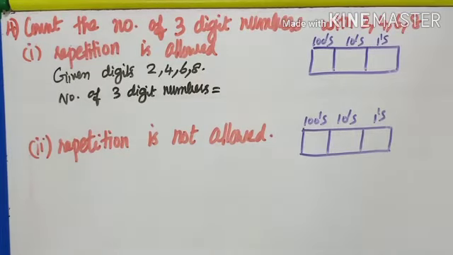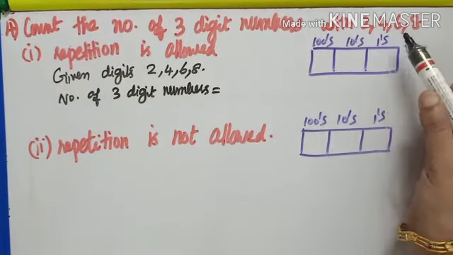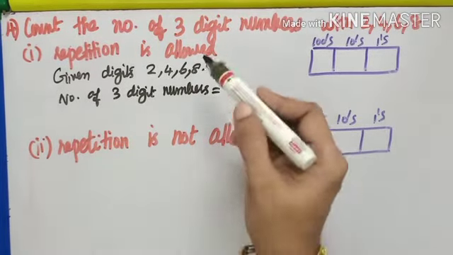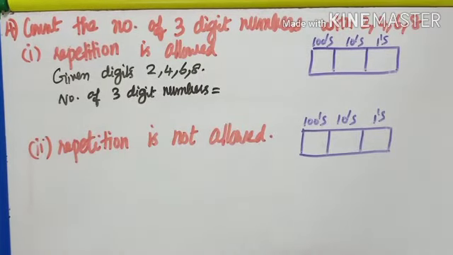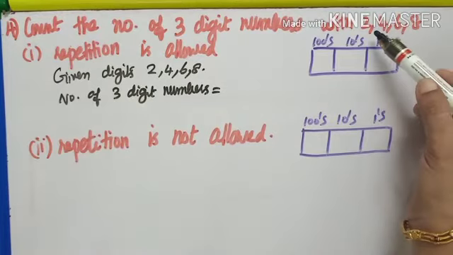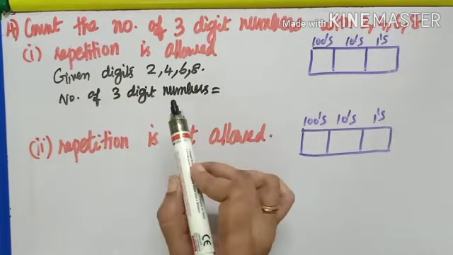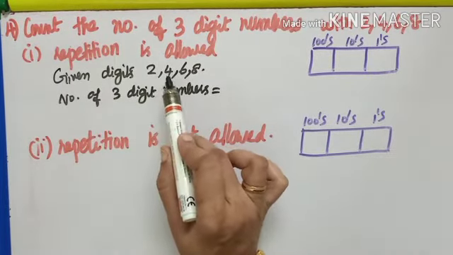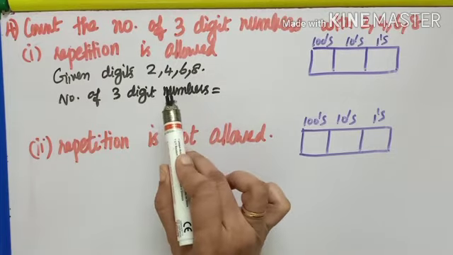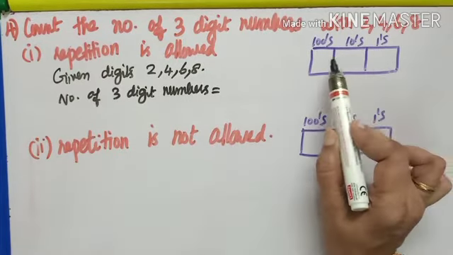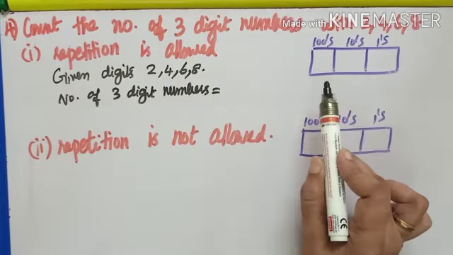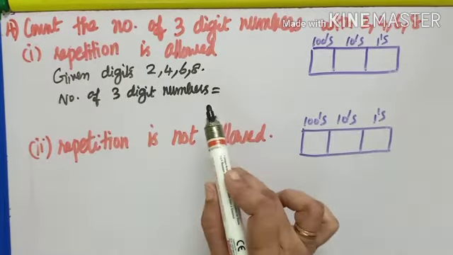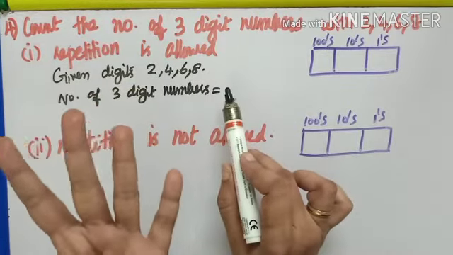Question number 4. Count the number of 3-digit numbers with 2, 4, 6, 8 under 2 heads: repetition is allowed, repetition is not allowed. How many digits are given? 1, 2, 3, 4 digits. What are the 4 digits? 2, 4, 6, 8. We want to form a 3-digit number: ones place, tens place, hundreds place. Repetition allowed. How many given in hand? 4 digits.